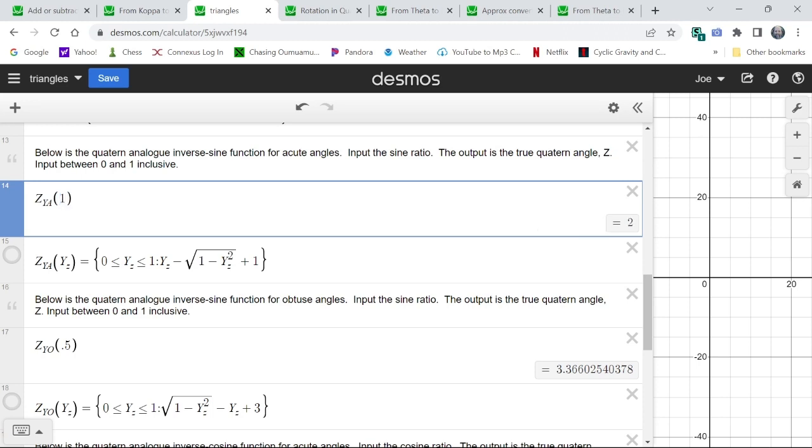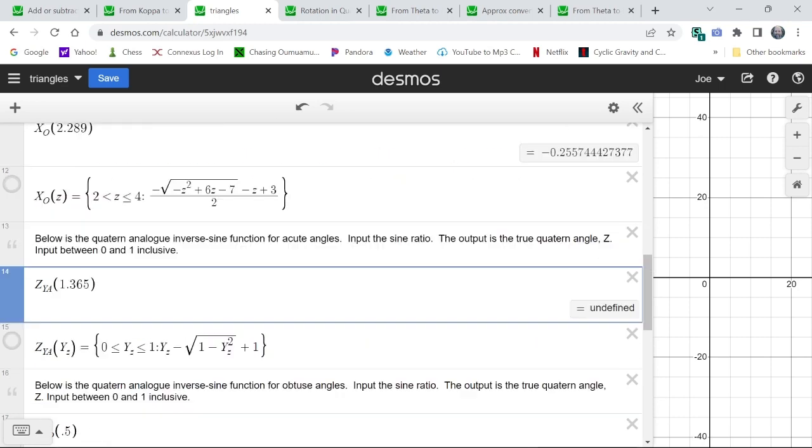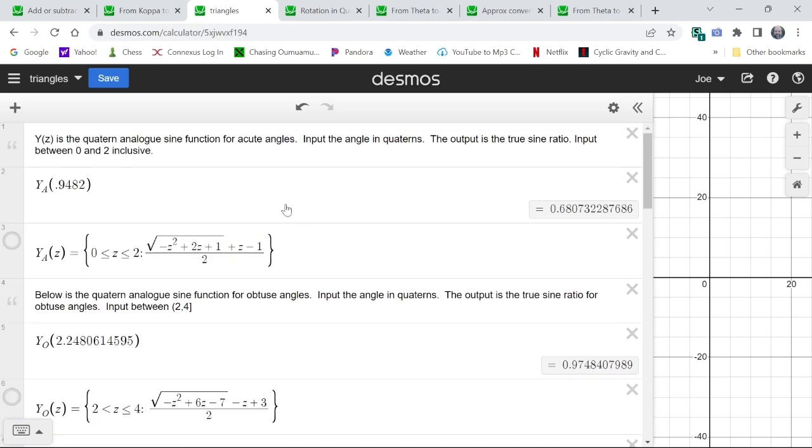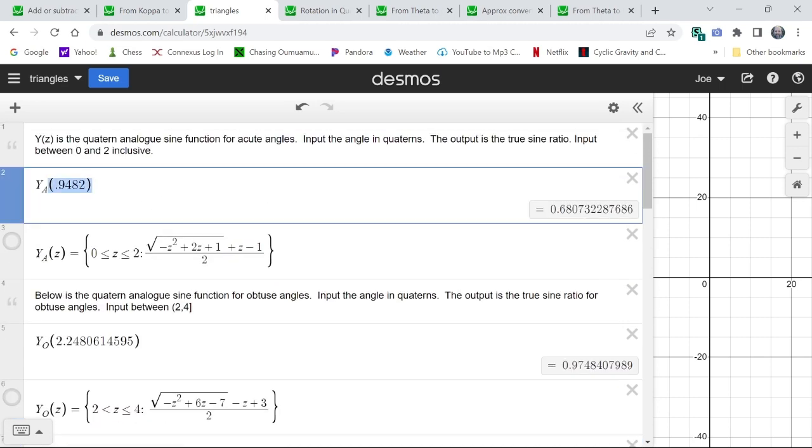1.365. And that tells me, oh, this is the obtuse one. This was the inverse, I'm sorry. I have to scroll up here. This is where I meant to enter it, right here.